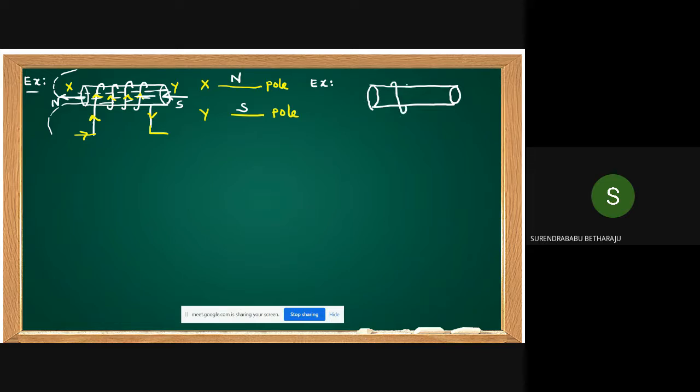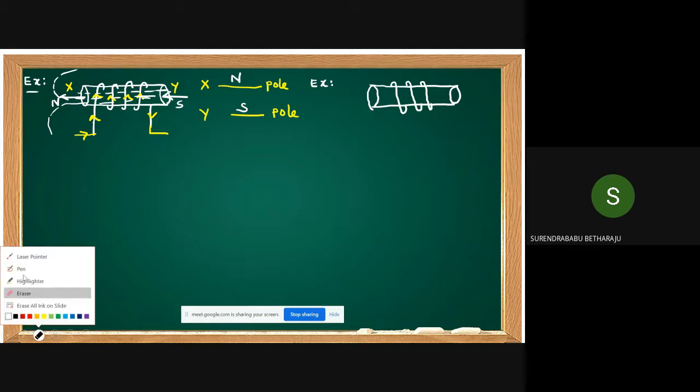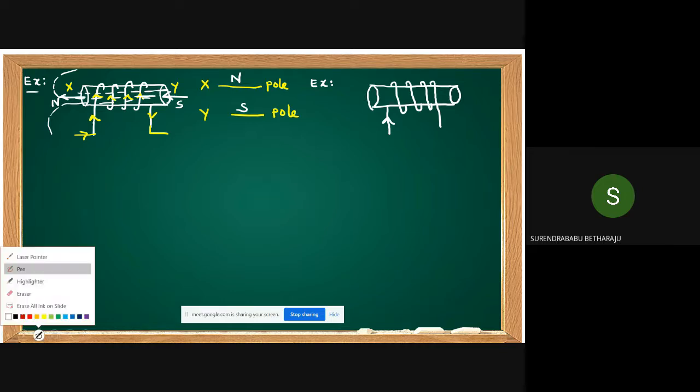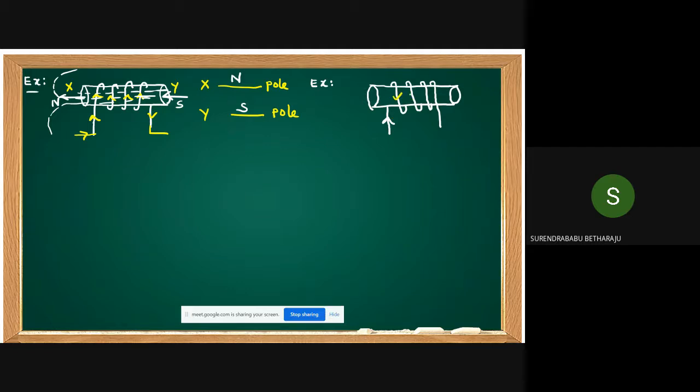The winding is placed like this. Now this is the direction of the current. It goes to the back side, again it comes to the front side. The current enters the back end of the coil, again comes to the front side, again goes to the back end, again comes to the front end, like this.